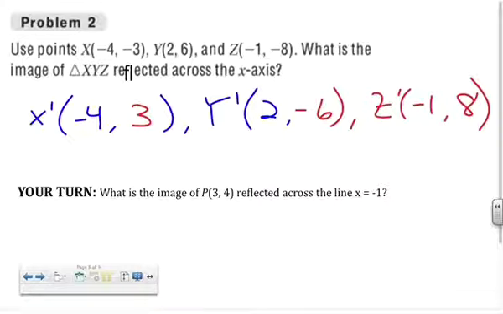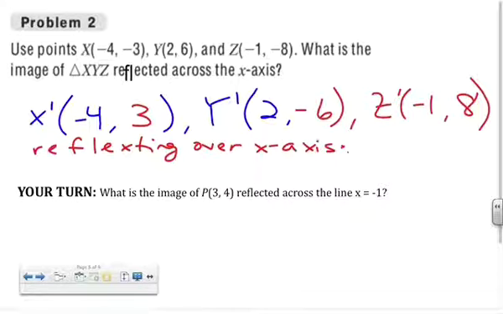Okay, so if these are little tidbits that you want to add to your notes so that you can do these things more quickly, feel free. If I'm reflecting over the x-axis, x stays the same, and y, take the opposite.